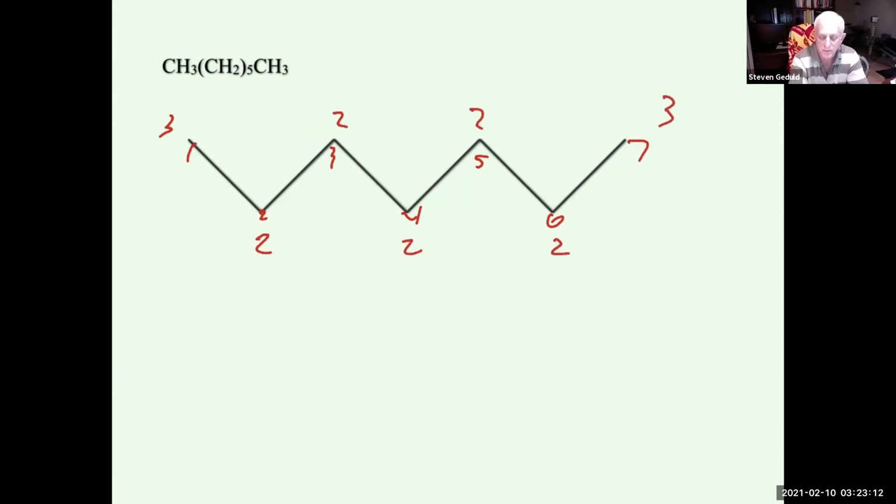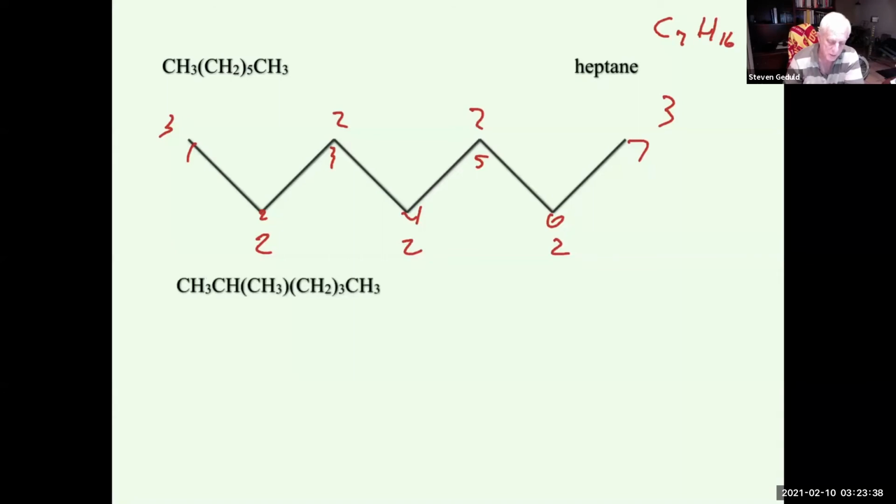Add them up, that should be 14. 16, I'm sorry. C7H16 is the molecular formula for heptane. That's the first isomer, that's the line structure for it, and that's the name: heptane.